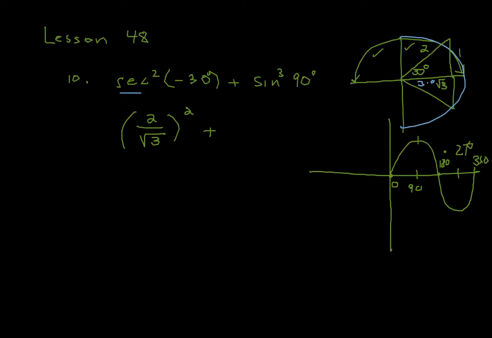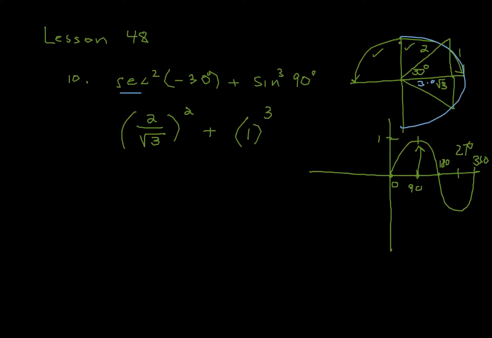So if you picture the sine curve in your mind, when it's at 90 degrees, it's at 1. You can just have that pictured in your head. The cosine curve goes the other direction, so the cosine there would be 0. That's one way. So the sine of 90 degrees, if you look on the sine curve, is going to be 1. And then you would just cube it.